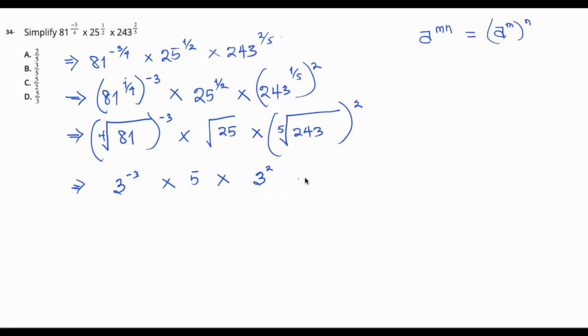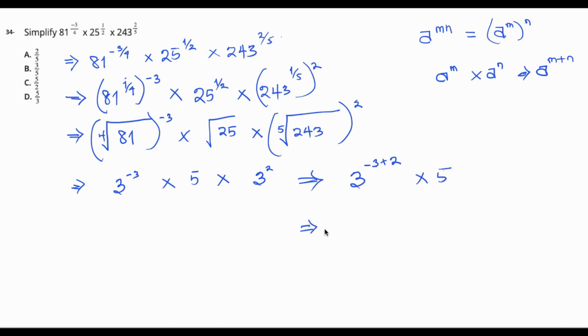Now if we combine these terms here, another law of indices to know is that when a raised to power m is multiplying a raised to power n, then this is the same as a raised to power m plus n. So if we combine these two 3's here, we have that 3 is raised to power minus 3 plus 2, multiplied by 5.